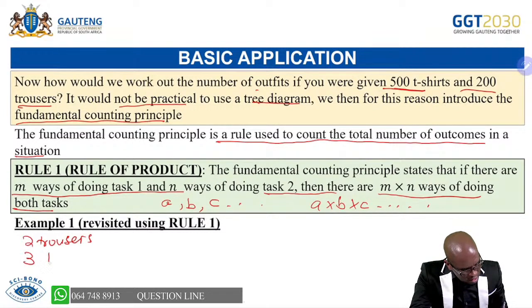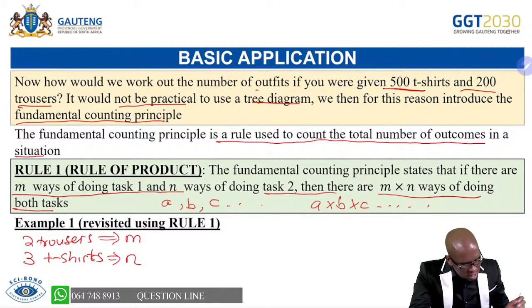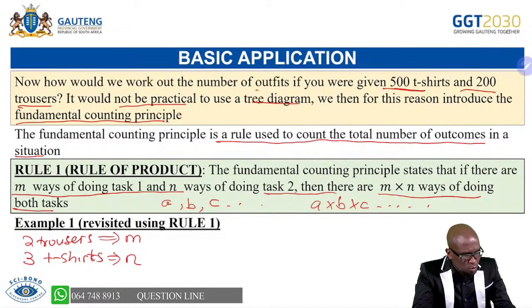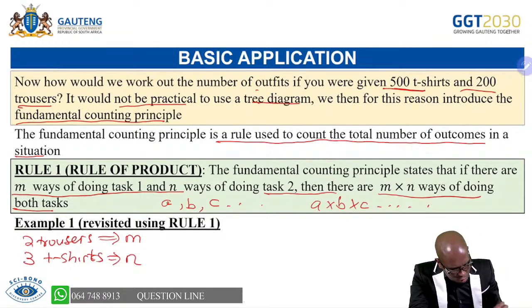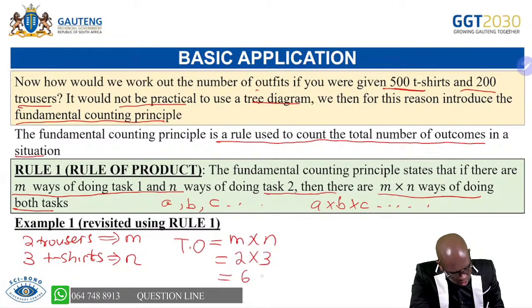If we call this one M and this one N, there are 2 ways of doing task M and 3 ways of doing task N. To do both of them combined, the total number of outfits shall be given by M times N, which is 2 times 3, giving us 6 outfits.